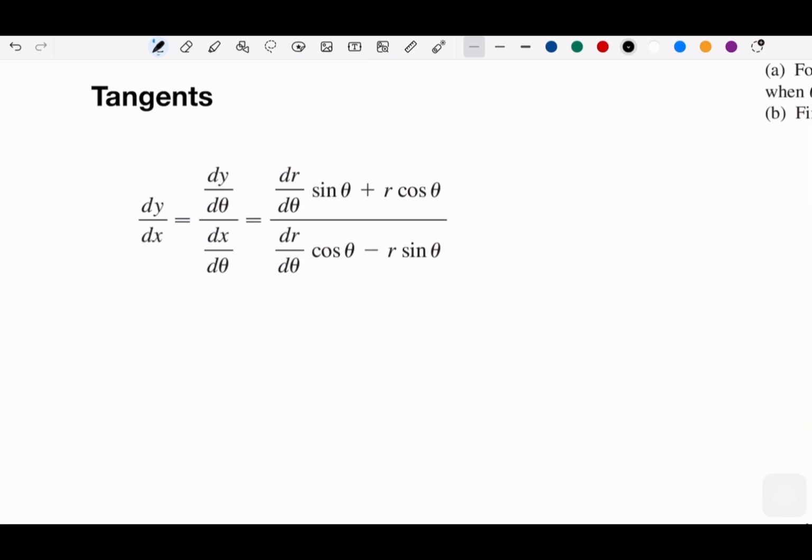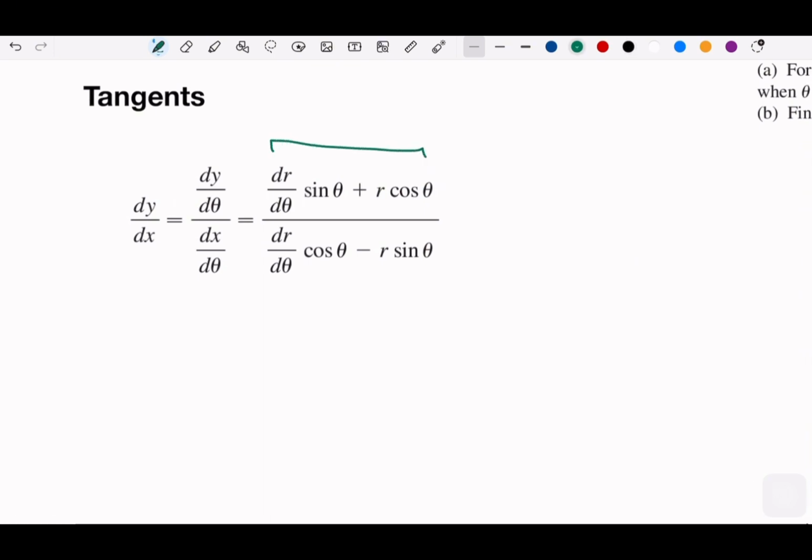For the tangent, we can treat it using these polar equations, this one here. This is the polar derivative. Or you can just use your parametric. So you have two choices, and both will result in the same answer.